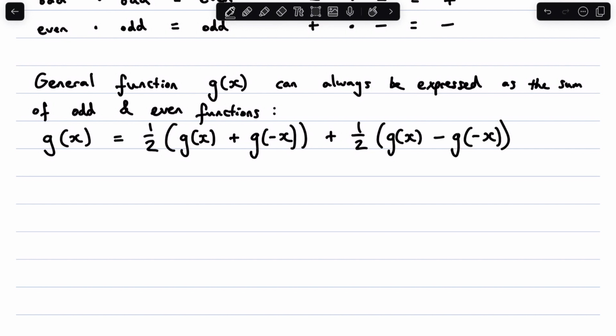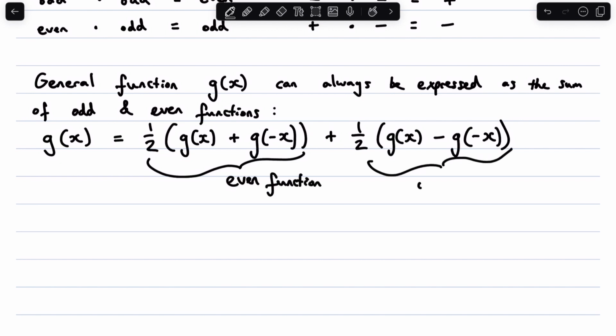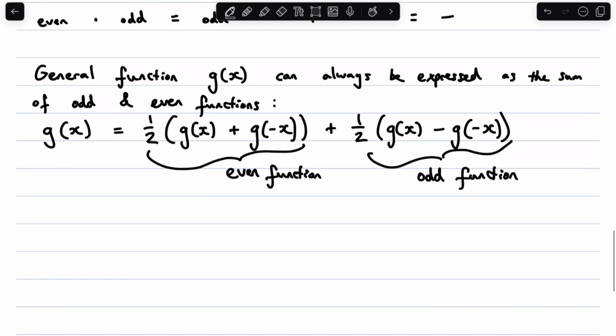And if we times this out, we can see these g of minus x terms will cancel and these g of x terms will add together to make our full g of x. And by considering what we've said before, we can clearly see that this part is an even function and this part is an odd function. And so any general function can be split up into an even and an odd function added together, and sometimes this odd function will be 0 and it will be a fully even function.